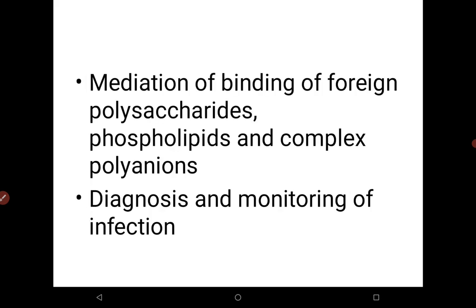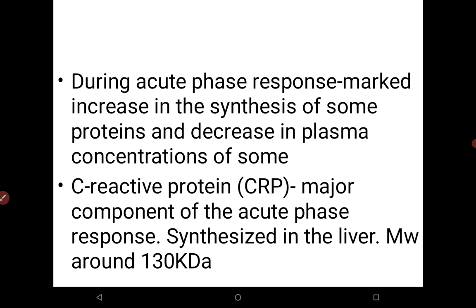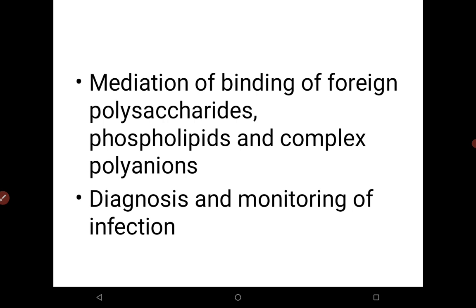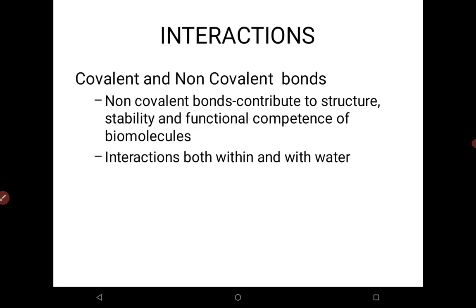So when there is an increase in these acute phase proteins, it will show us that there may be an inflammation taking place in the body. So mediation of binding of foreign polysaccharides, phospholipid complexes, polyanions, all these can be used in diagnosis and monitoring of infection. So now the important part that you need to know here is interactions.